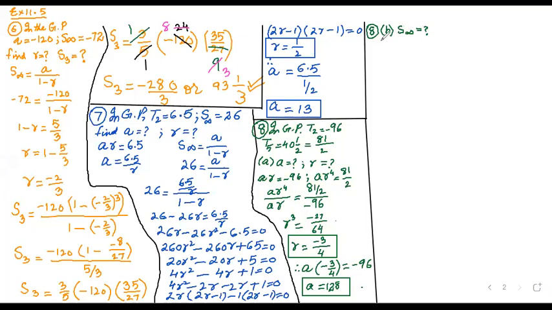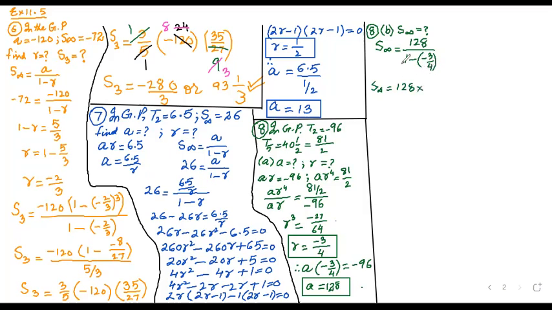So using the sum to infinity formula, S infinity is equal to A upon 1 minus R. So what is the value of A? Value of A is 128 upon 1 minus R. The value of R is minus 3 upon 4. So sum to infinity will be equal to 128 multiplied by this.